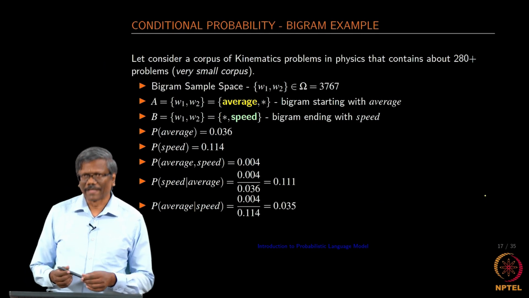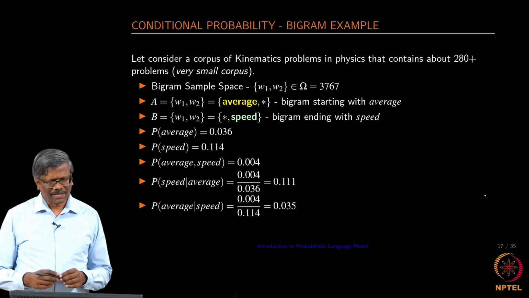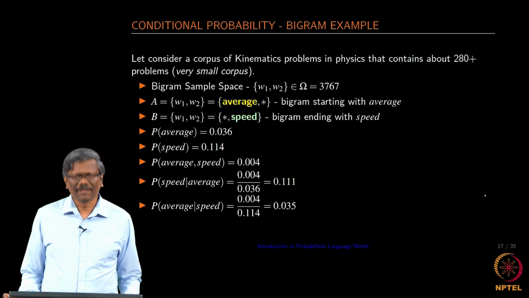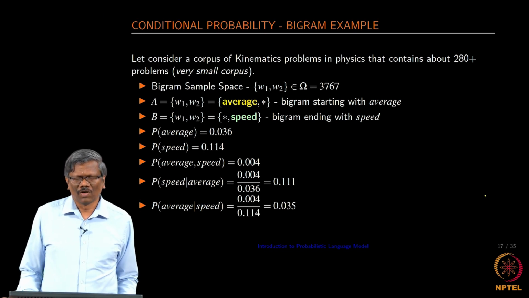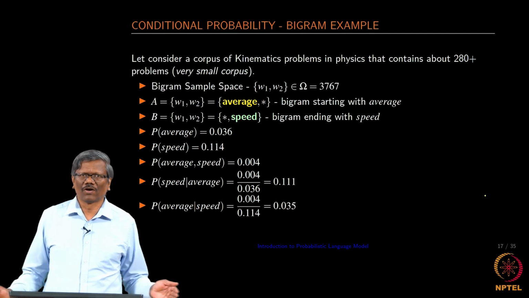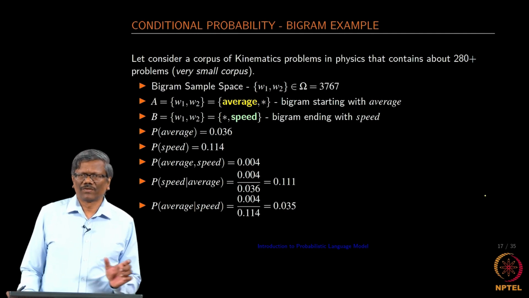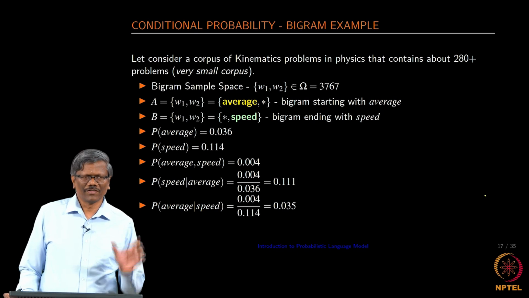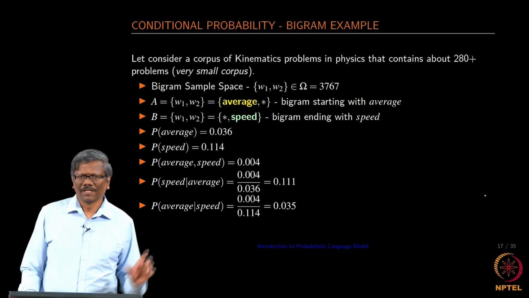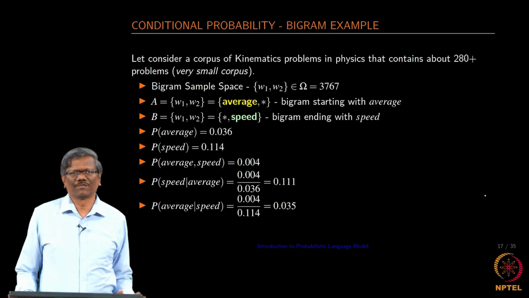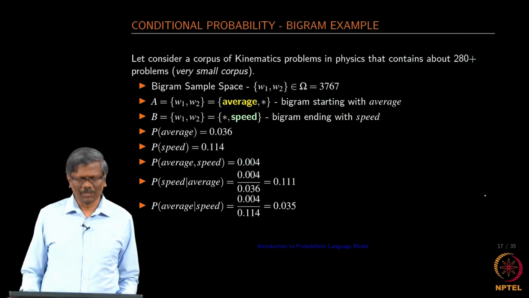Let us take a small example of conditional probability using a bigram. I am sure you know how bigrams are formed. Given a document, you take two words at a time, move a window containing two slots continuously over each word, and you get a set of bigrams.